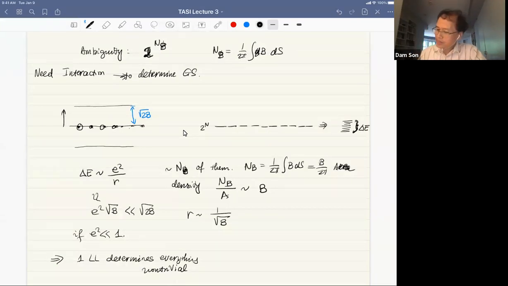So this limit is called in condensed matter physics the lowest Landau level limit.